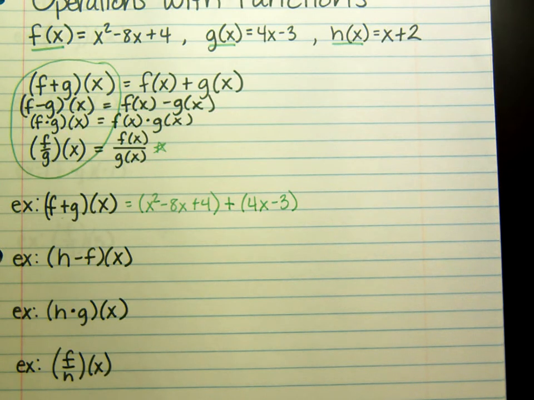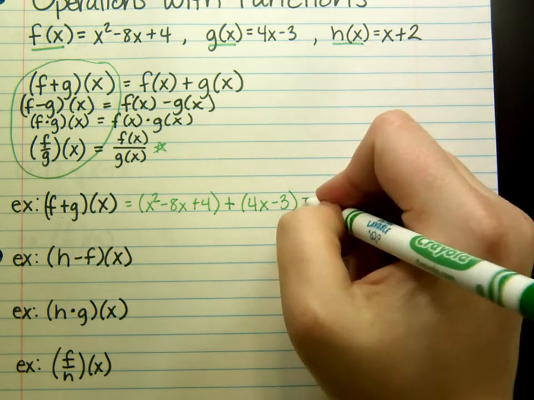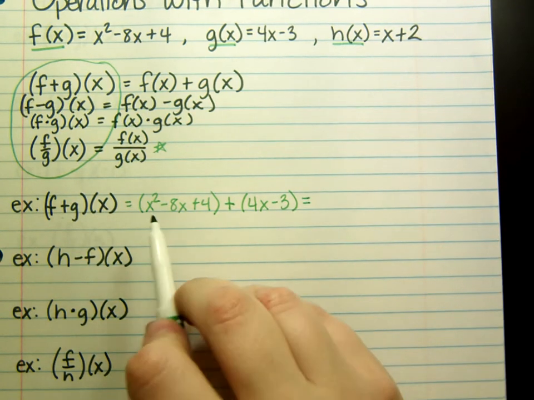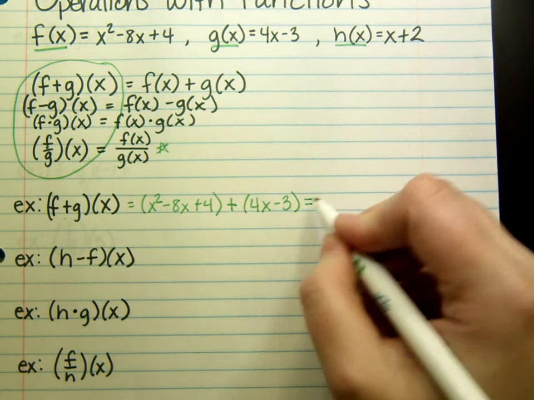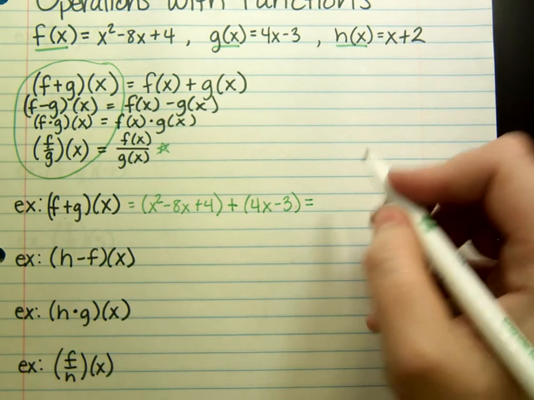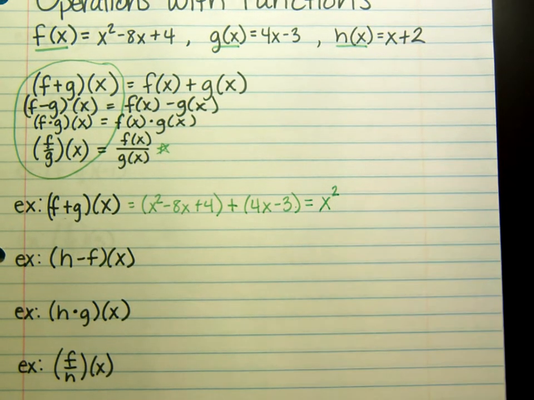It's a good idea to put your functions in parentheses because on some of them your order is going to matter. Order always matters, but also sometimes, especially on the next one, you might have something you're having to distribute, like a negative. But for this one, all you're doing is combining like terms. So there's only this x squared, so 1x squared plus 0x squared gives me x squared.